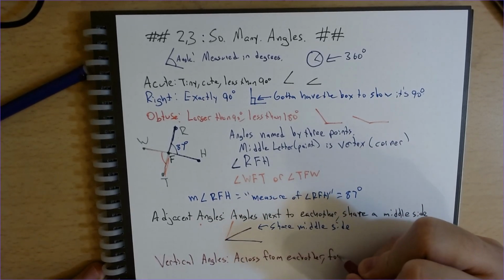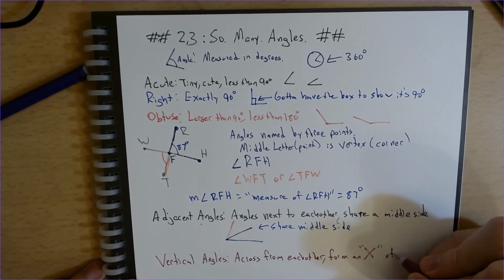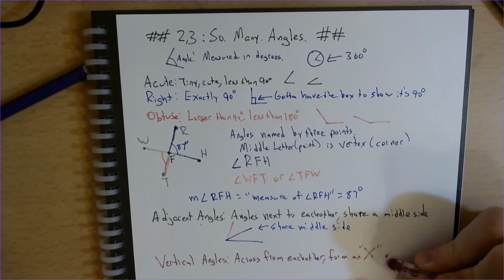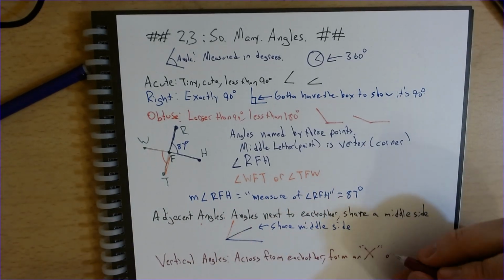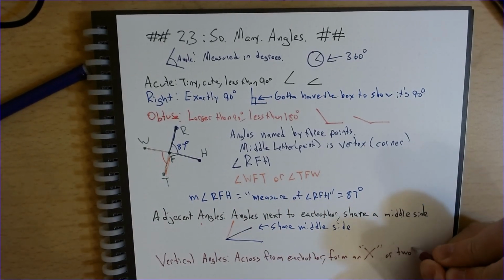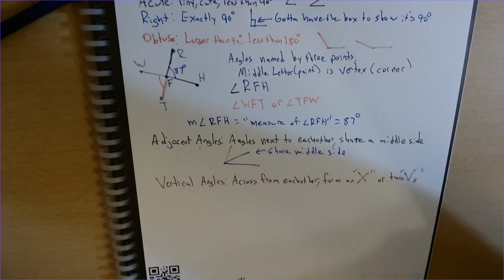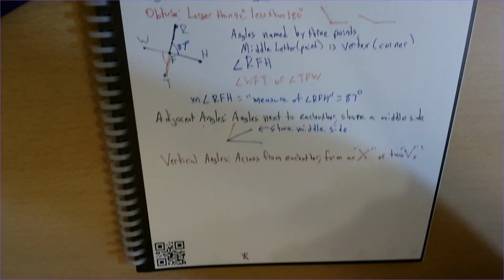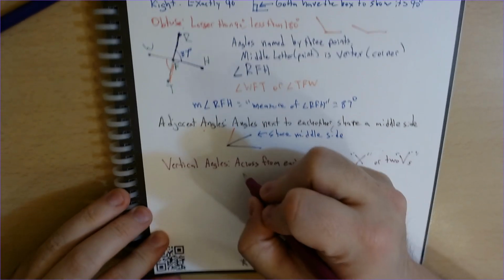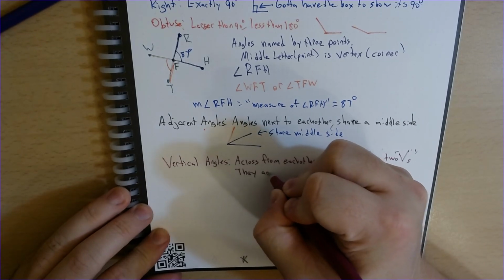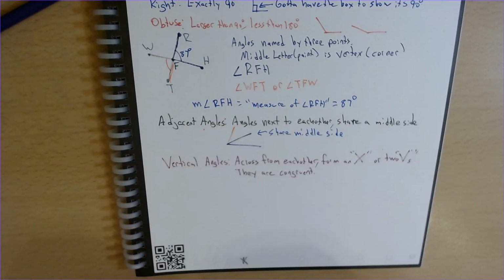They form an X, or, and by or, I mean or, not of, two V's. And here is the most important part of this. They are congruent.